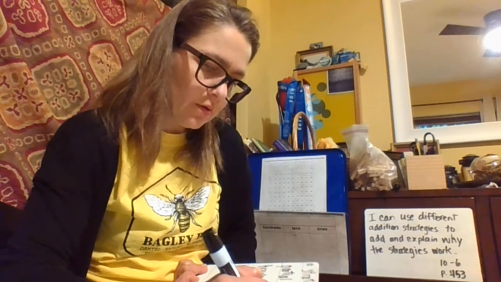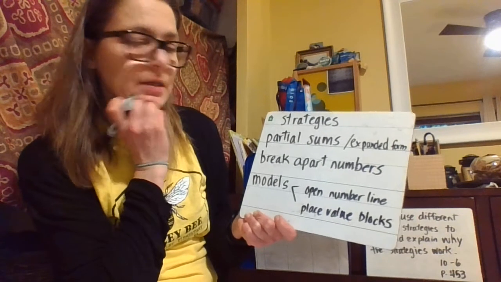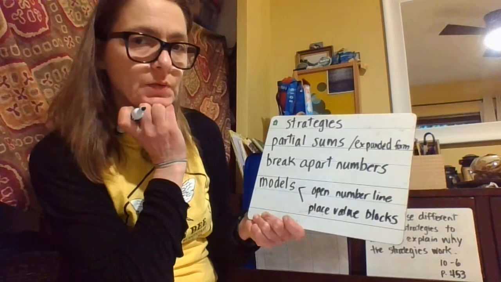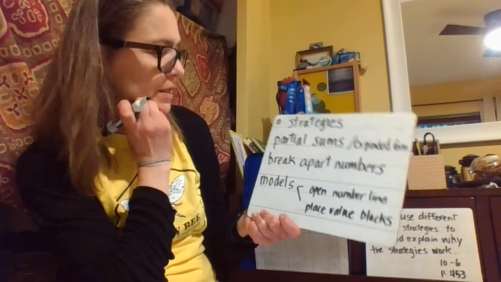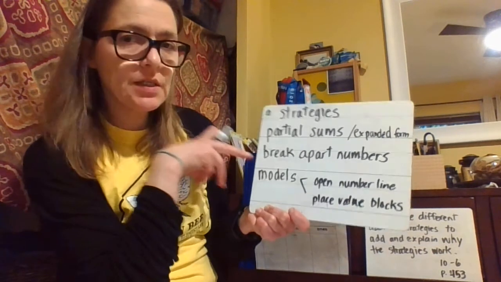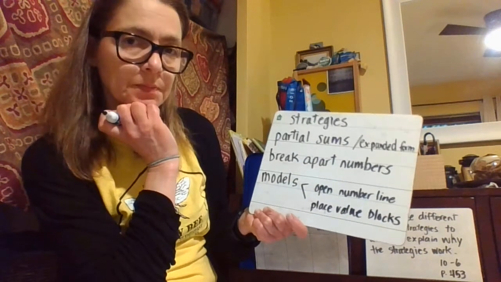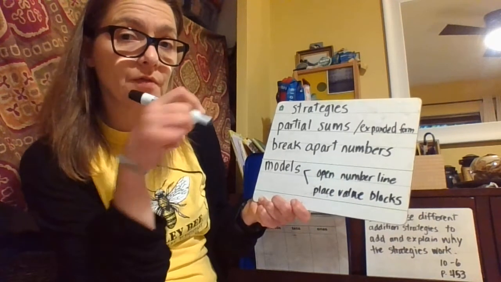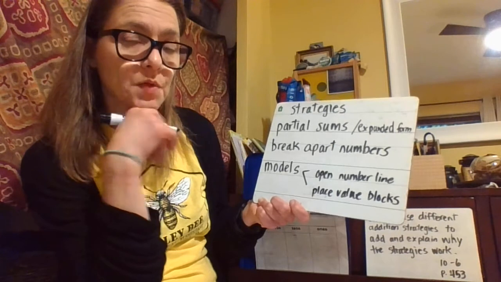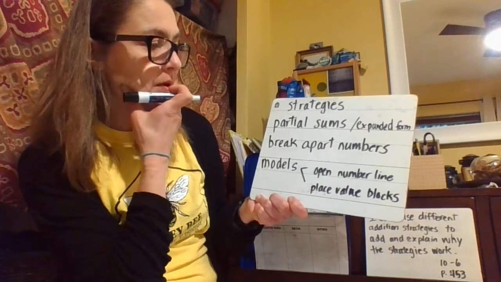I like to call it the expanded form, like we learned last unit, where you're expanding the number into its hundreds, its tens and its ones in an addition sentence. Another strategy we did in 2-digit addition was break apart numbers. And then you can use models to help, drawing models or using base 10 place value blocks. Another model is the open number line.